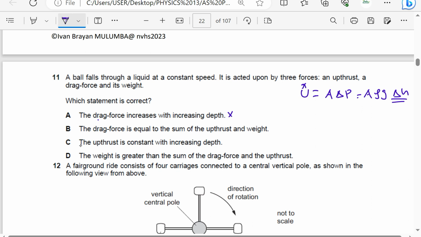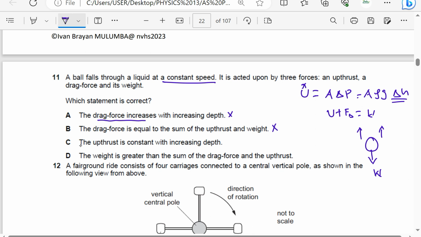So the drag force would increase if the speed was not constant. If the depth is increasing and the speed is not constant, the drag force would increase, but the speed is constant. The drag force is equal to the sum of the upthrust and the weight. So the upthrust is upwards plus the drag force, which is upwards, should be equal to the weight. So this statement is not correct. For an object falling, upthrust is upwards, the drag force is upwards, the weight is downwards. So this statement is not correct.